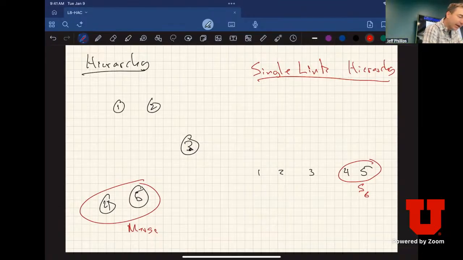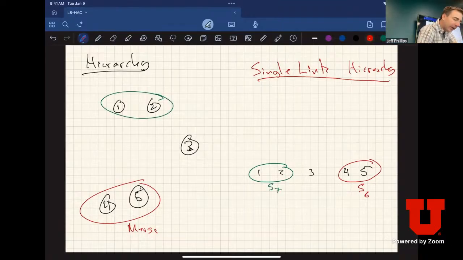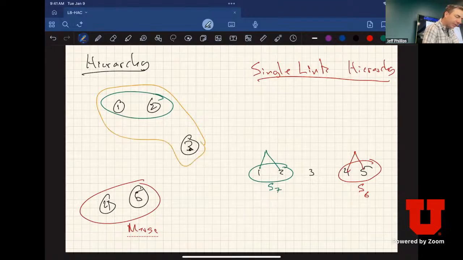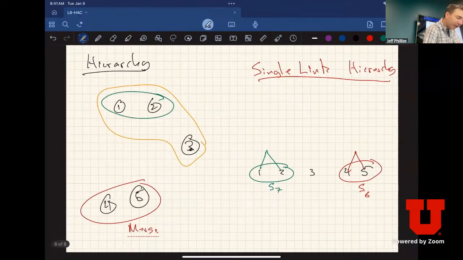Then the next thing I would do is merge together, we'll call this S7. So this is building a hierarchy here. The next thing I would probably merge these two together, 3 and 2. So I would merge this together into a cluster, and we'll call this S8.